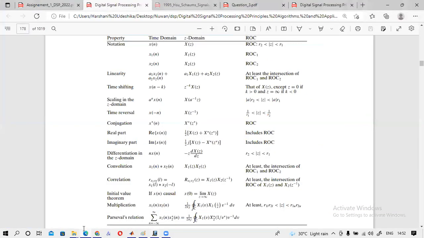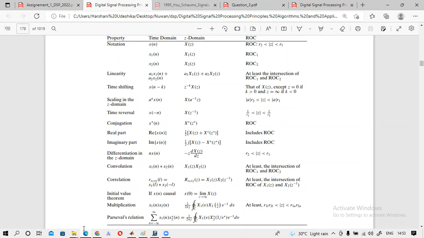So if we take time shifting, X(Z). For the time shifting, the Z transformation also has the same ROC, but Z equal to 0 is excluded if K is greater than 0, and Z equal to infinity is excluded if K is less than 0.